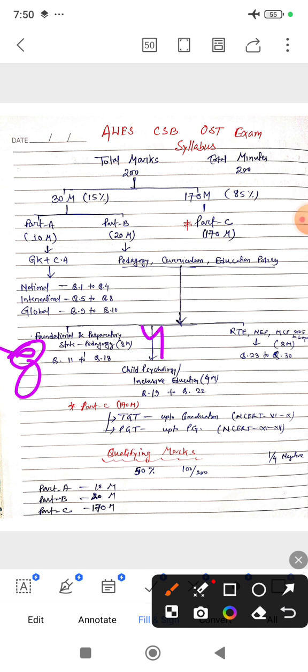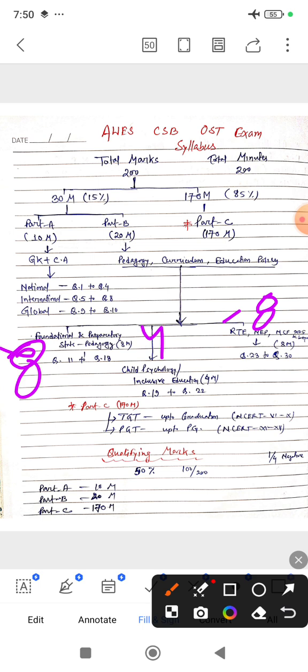Then another 8 marks are from RTE, the Right to Education, then NEP 2020, and NCF 2005 and beyond.